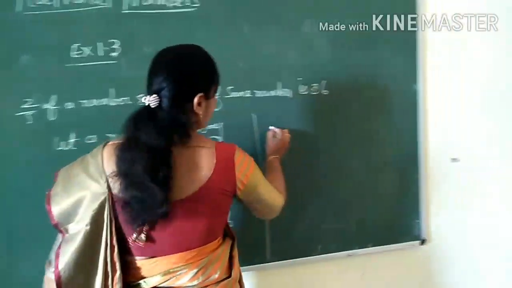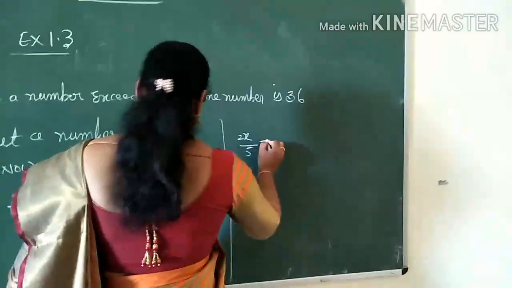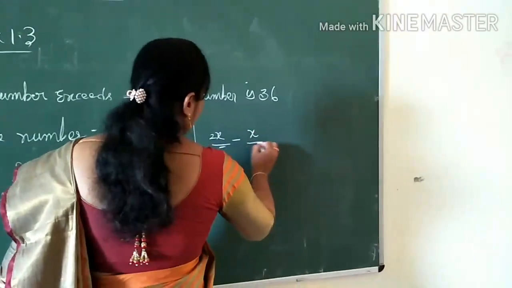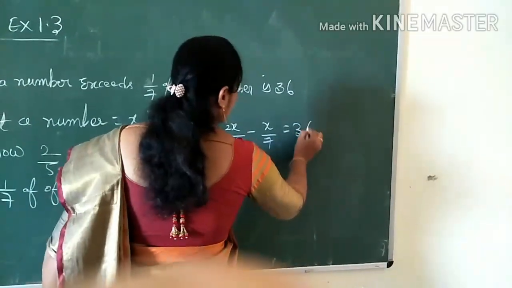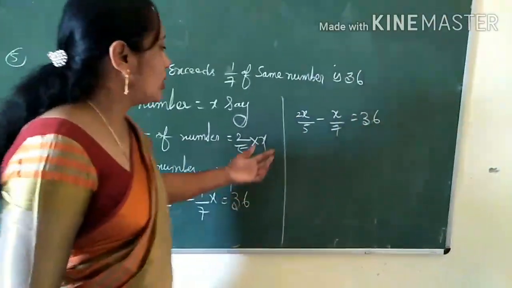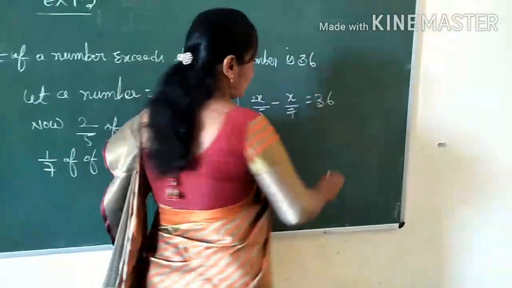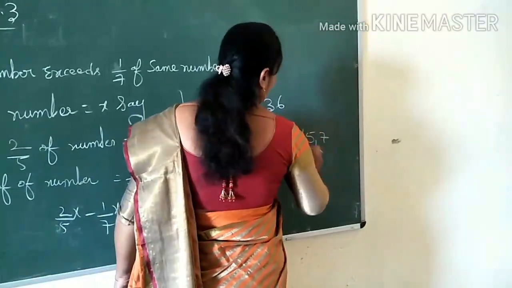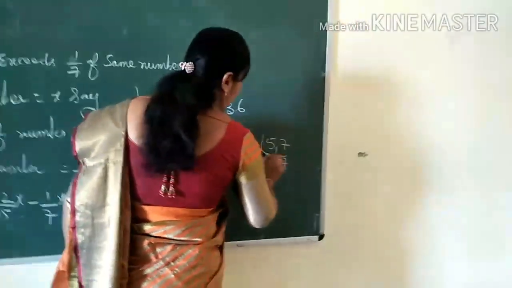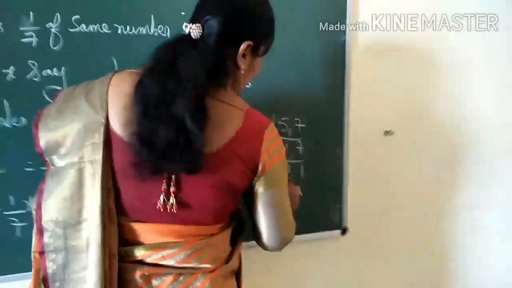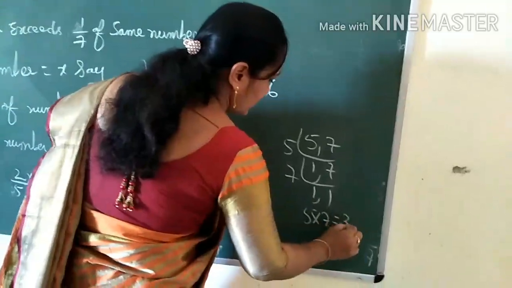So 2x by 5 minus x by 7 equals 36. Here two fractions are there and we have to subtract. First find the LCM of 5 and 7, which is 5 into 7, 35.